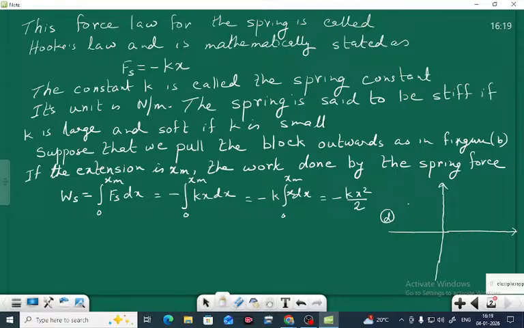The graph is Fs equal to minus kx, and the area of this part is minus k xm square by 2, when we take x as positive and Fs as negative.